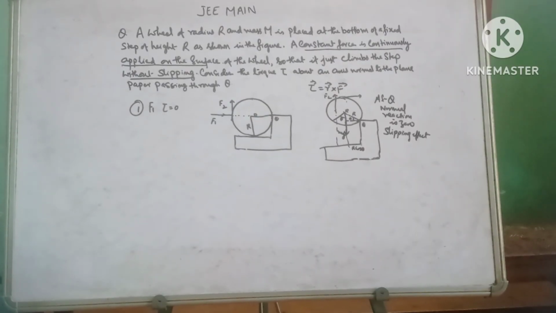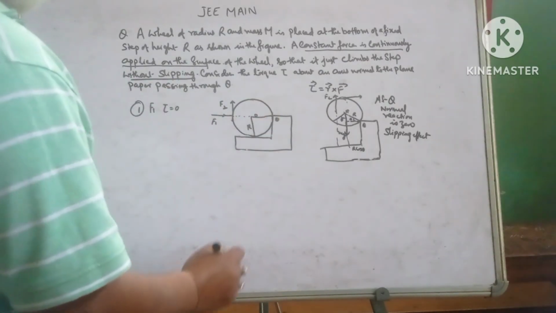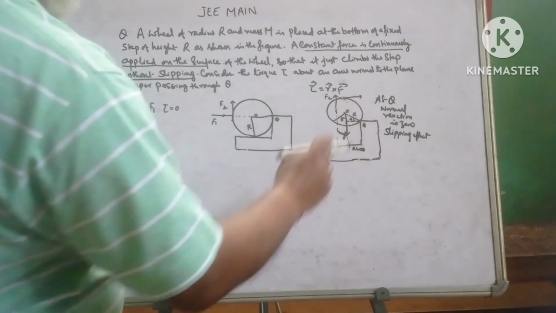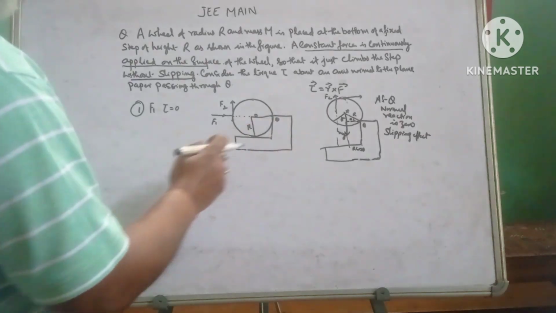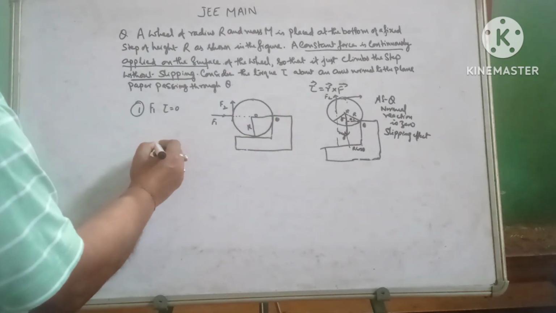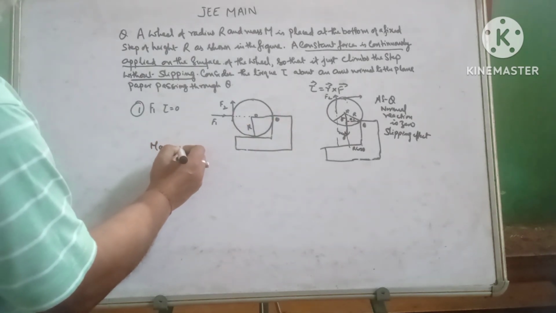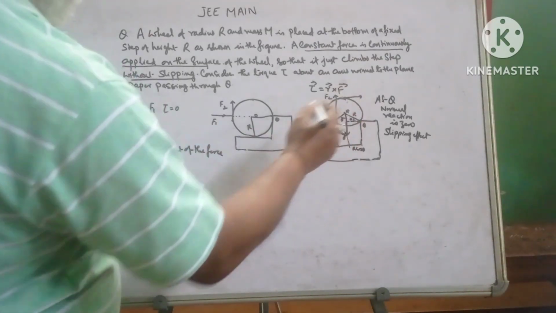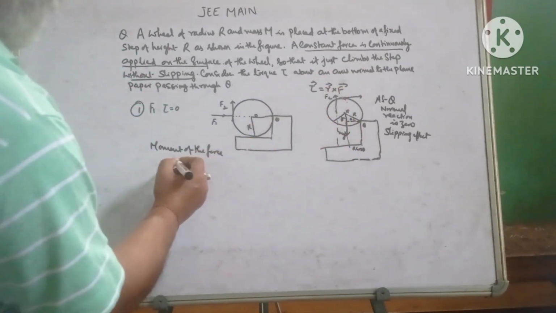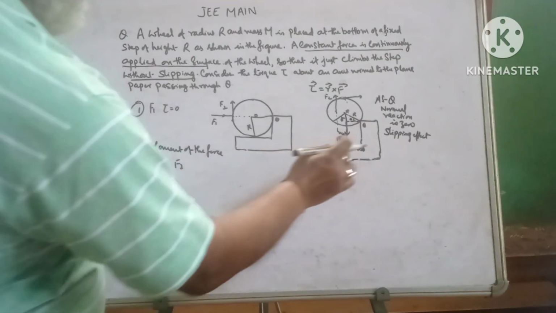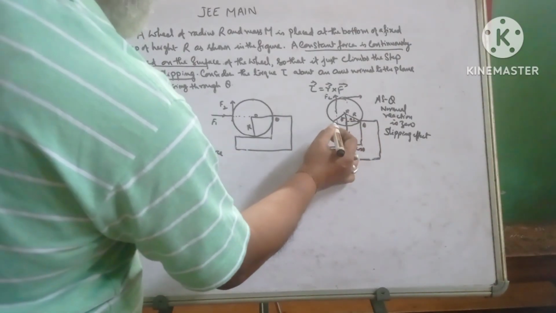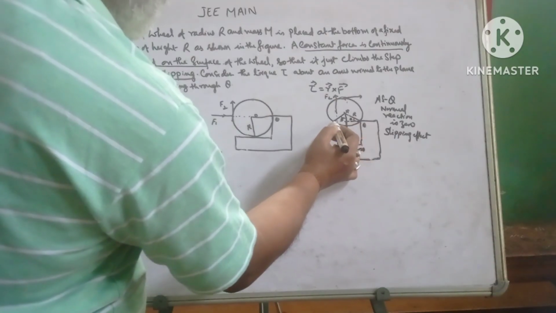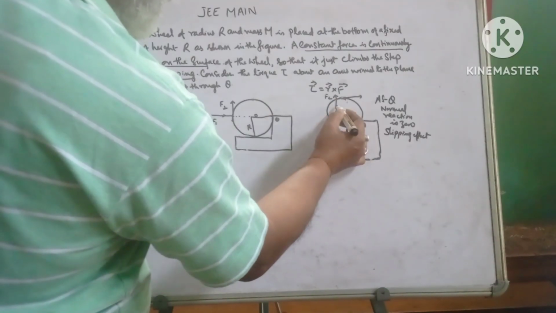But since it is given that there is no slipping, we have to calculate the moment of the force about Q, that means the torque of the force. This is F2, and this distance and this distance will be the same.